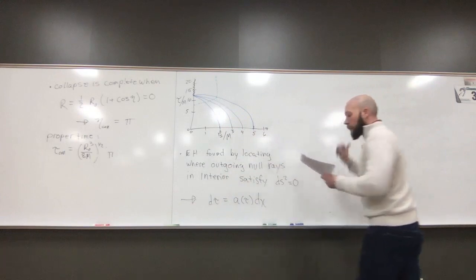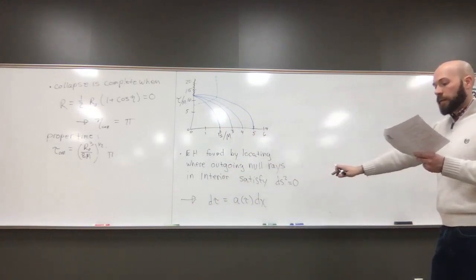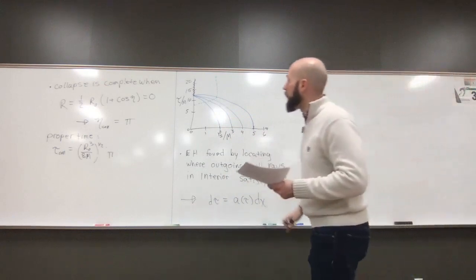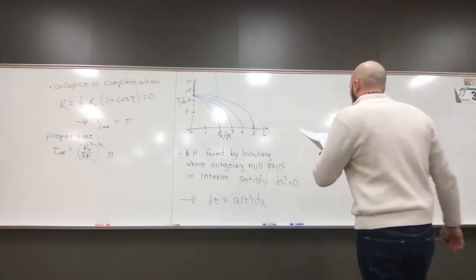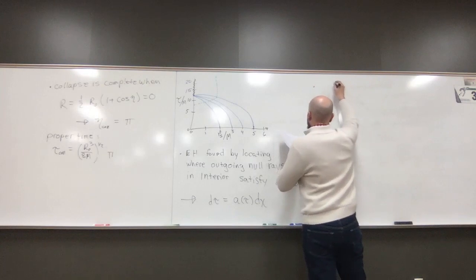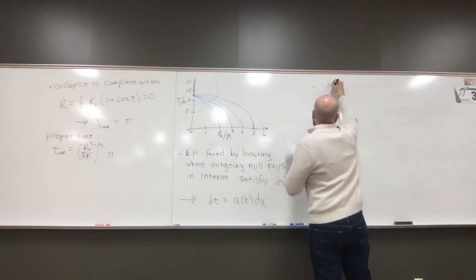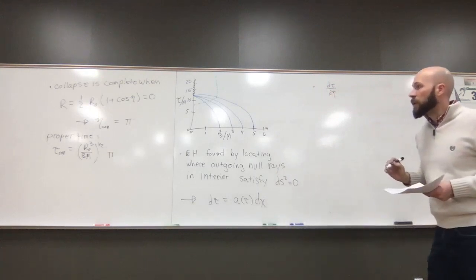So using this, from the above equations, you can compute the following, which is d tau d eta. So just go back to your notes wherever I wrote down the expression for tau.